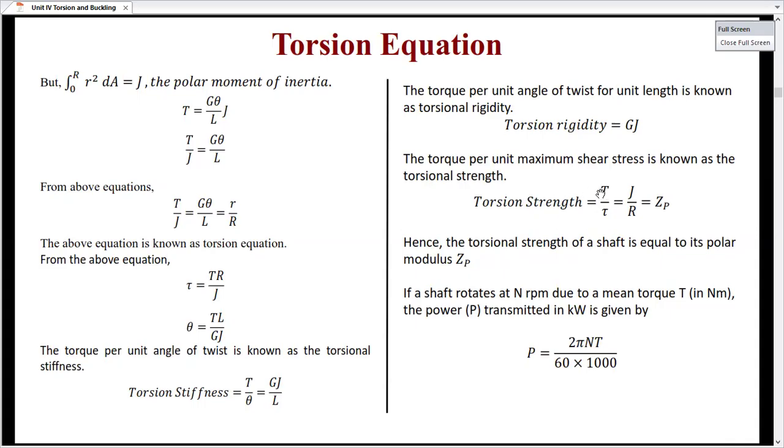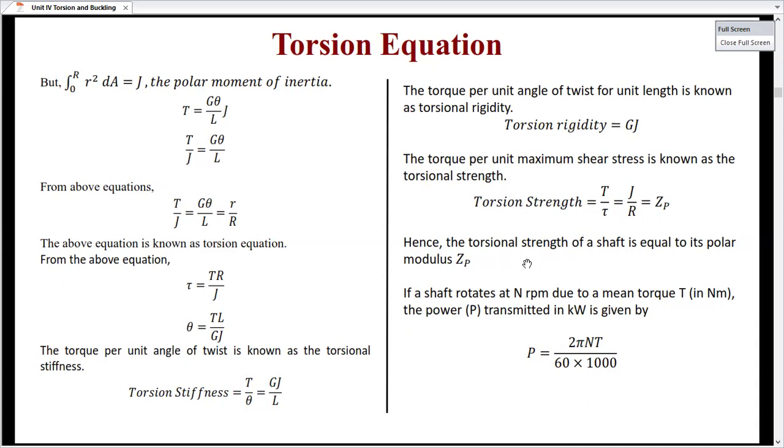The torque value we can calculate by considering power. Power is equal to 2 pi N T upon 60. Once we know the value of torque from the power, we can put that value in and determine the torsional strength, which is the ratio of torque upon shear stress, equal to polar moment of inertia upon radius.